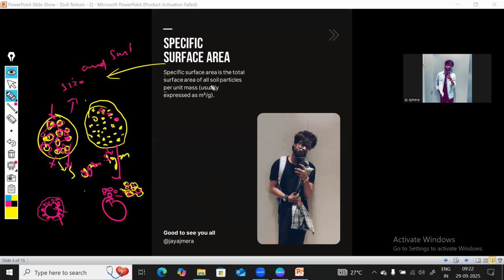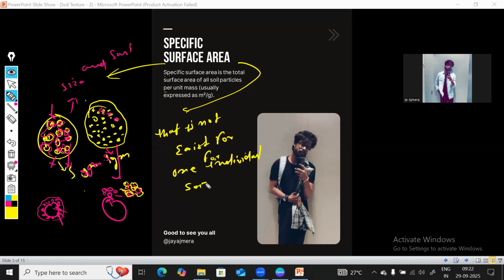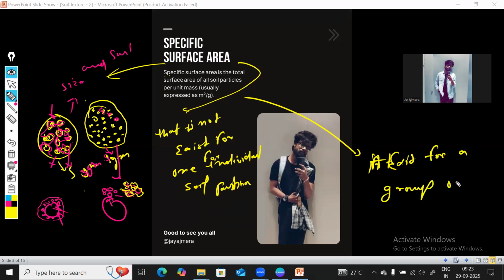What I want to say is that this surface area does not exist for one individual soil particle. It exists for a group of particles.